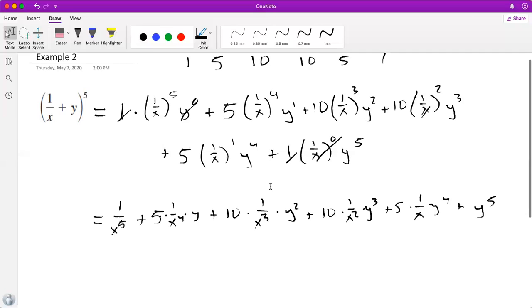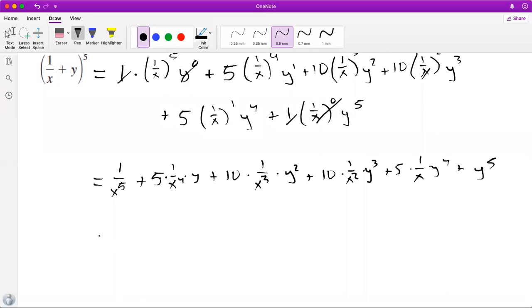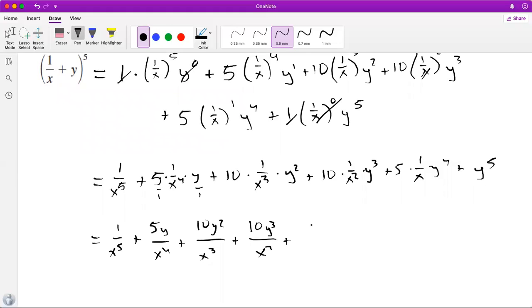And I think that it would be preferable if you guys would write these things as single terms. So this is 1 over x to the 5th. This one, though, is 5, like it's 5 over 1 and y over 1, so I can write both of these on top of this fraction. 5y over x to the 4th plus 10y squared over x cubed. 10y cubed over x squared. 5y to the 4th over x, and then y to the 5th.